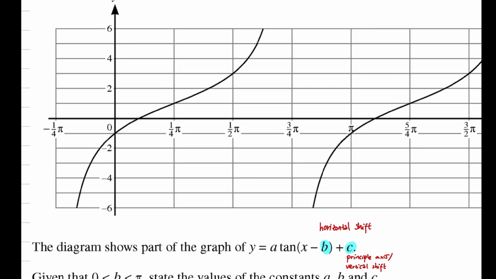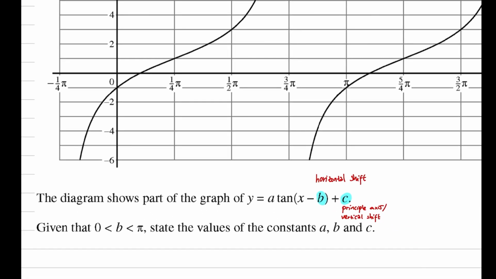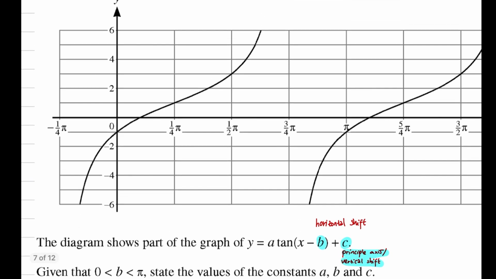As we know, the easiest one first, we can find the principal axis, which is the middle part of the graph. The middle part of the graph is where the curvature of the graph changes. If you see here, the graph starts to go up, the gradient increases.